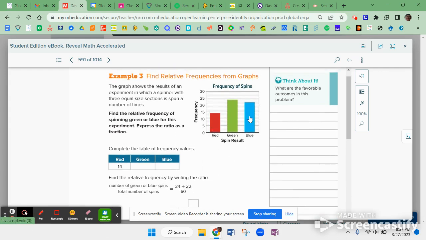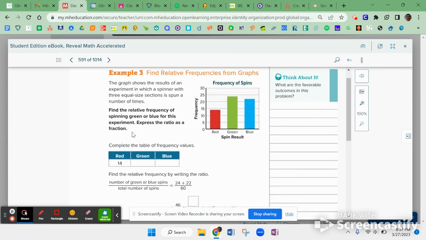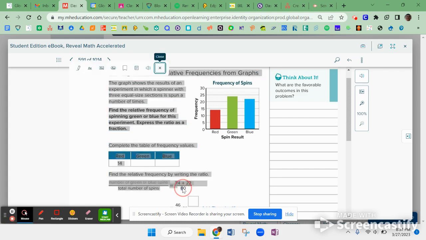So we've got some work to do to figure out the total, but we just have to add up these three. When we add up 14 and 24, that's 38 plus 22, which gives us that 60 grand total number of spins.